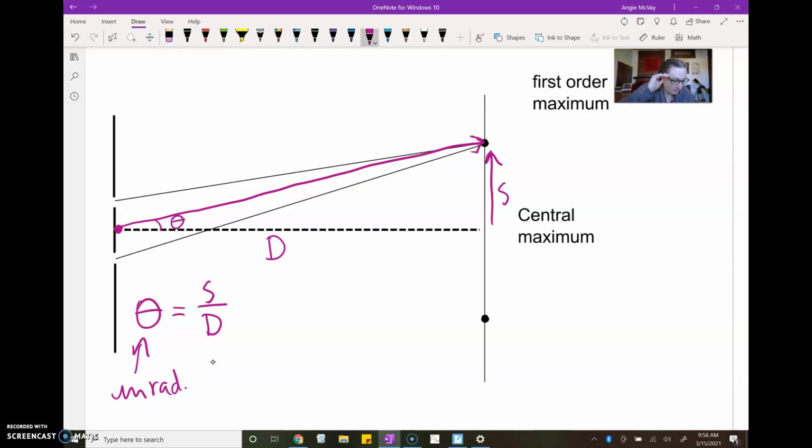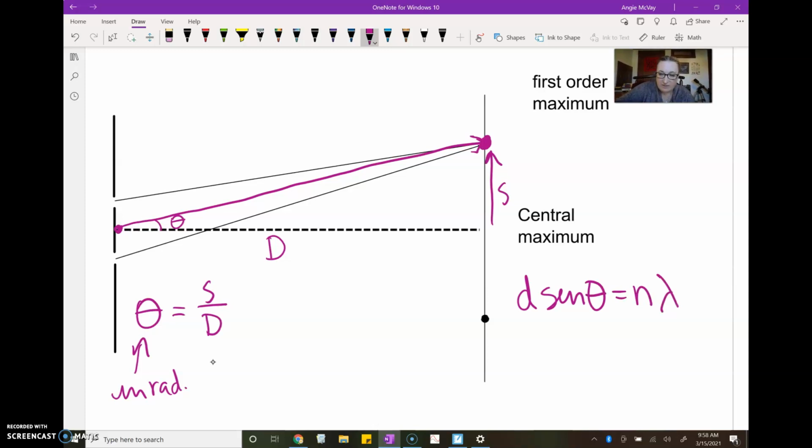Okay. We can also say, right, if this is a point of constructive interference, actually the first point of constructive interference, we can say d sine theta equals n lambda.